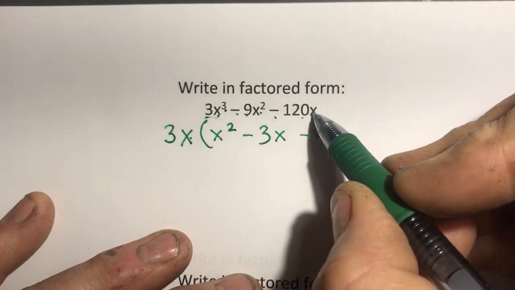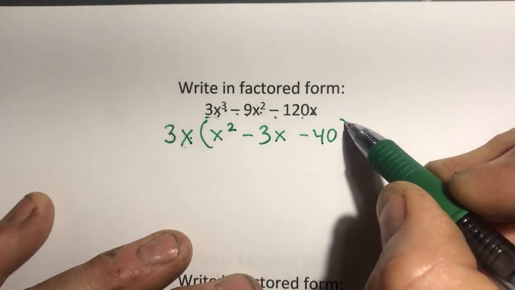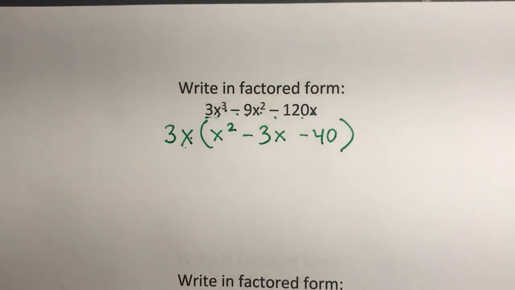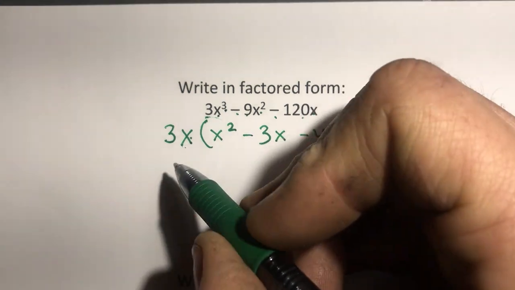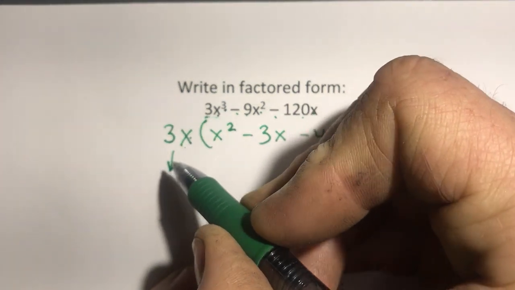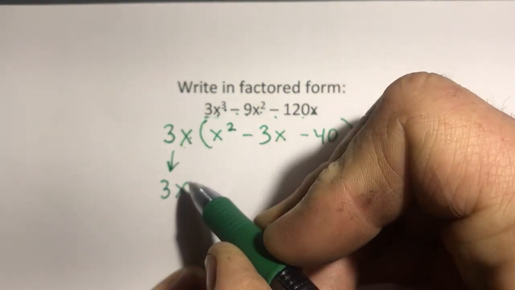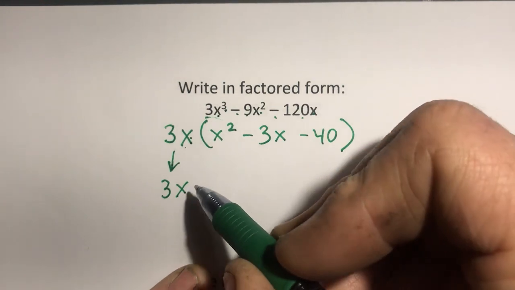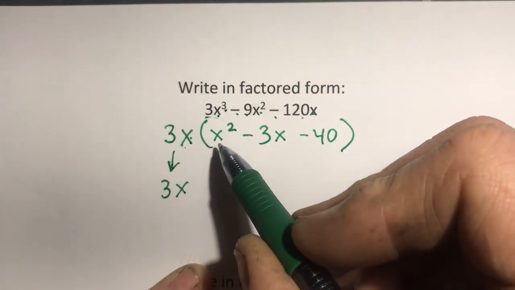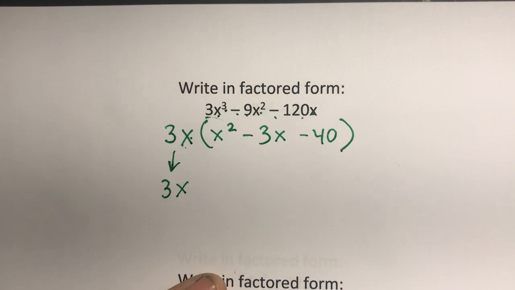And I've got my x term, but I'm dividing it out, so I'll have no x term here. So there's what I get when I factor out this common factor. Okay, so now I have this thing here. I'm going to bring it down. But now this trinomial, I believe I can factor it like we've done before.